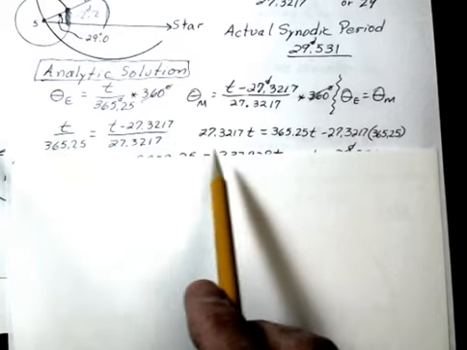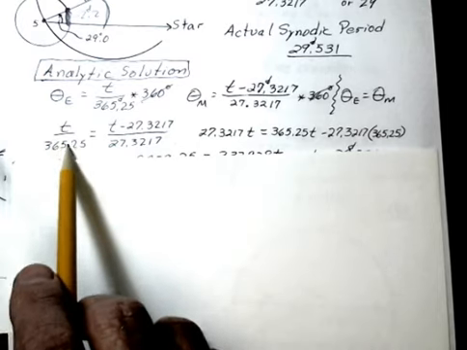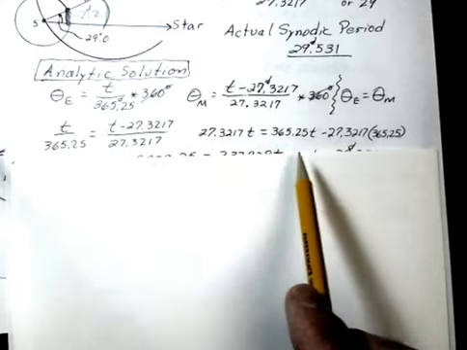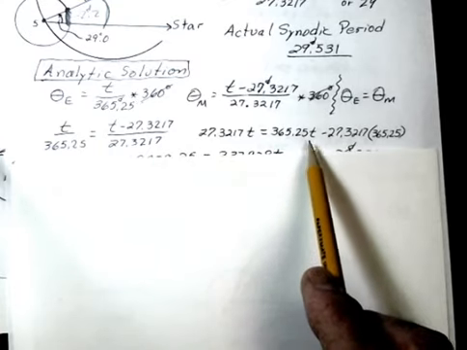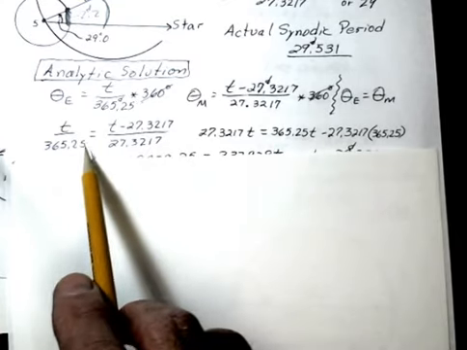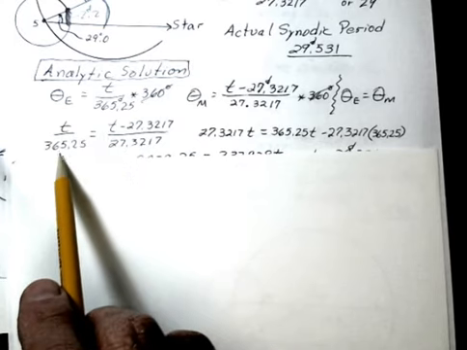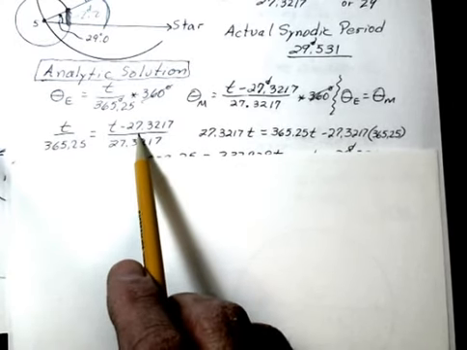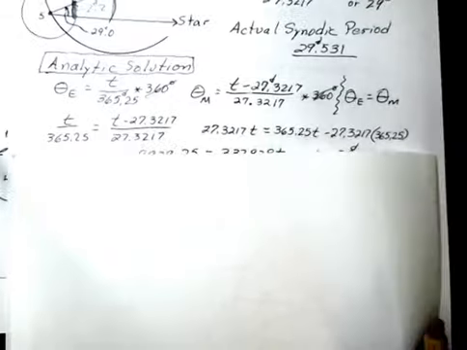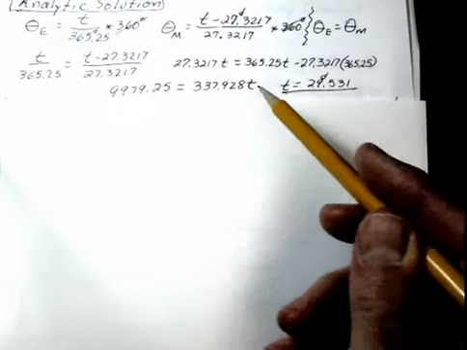Multiply both sides by 365.25, there's a cancellation on the left, and I'm now distributing through here, so 365.25 times t, 365.25 times minus 27.3217. And continue with that algebra, gather like terms.